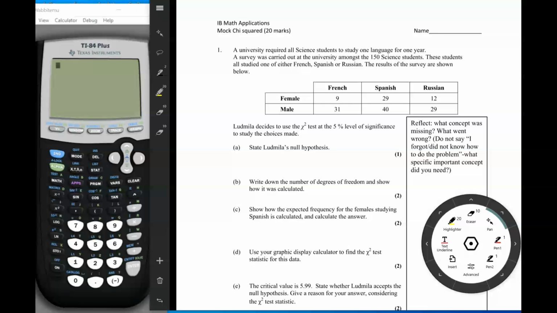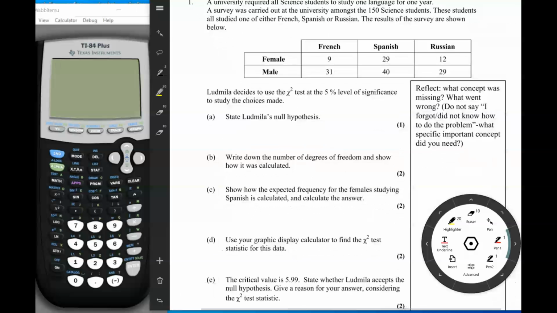Ludmilla decides to use the chi-squared test at the 5% level of significance to study the choices made. State Ludmilla's null hypothesis. Okay, so the null hypothesis, remember, compares two different factors and sees if they're related. The way you state it is you say the first factor and the second factor are independent.